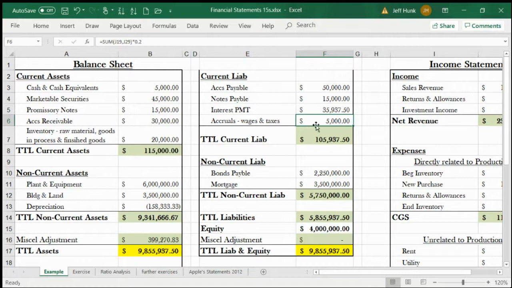If accrued wages until Wednesday is 5,000, has the paycheck gone out? Have they sent out the paycheck? Accrued wages until Wednesday, 5,000. Have they paid it? No, they haven't paid it.